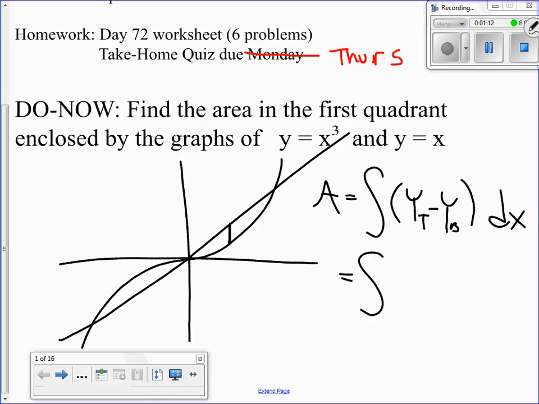Now in this case, what does y top equal? x, right? Because you can't look outside or it's going to mess you up. So this is the graph y equals x, this line up here. So y top is x. What about y bottom? That's y equals x cubed, so that's just x cubed.